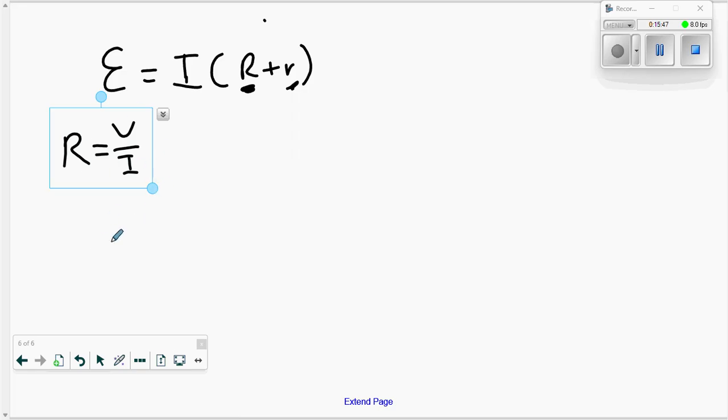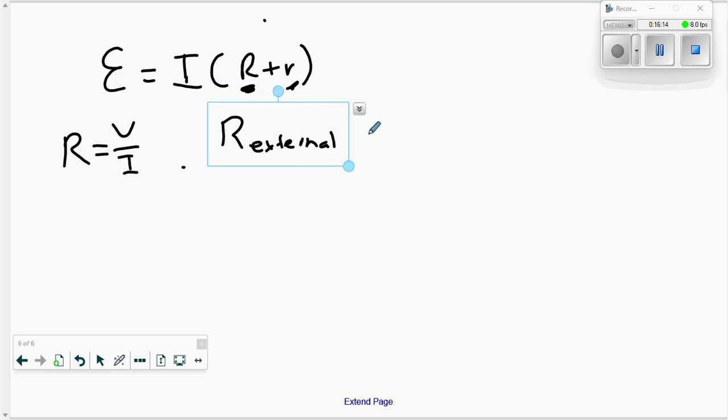So this is our general one. It's the same equation we've been using since grade 8, grade 9. But we can now manipulate it a little bit so that it represents what we want it to represent depending on what question is asked. If the question is asking you to find V external, then we know that R will be external.